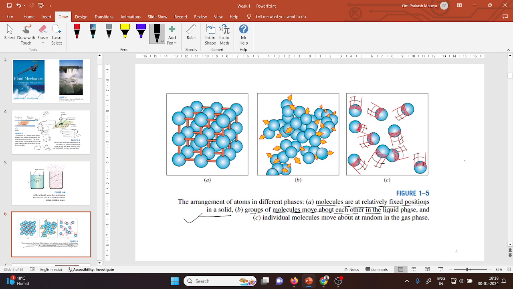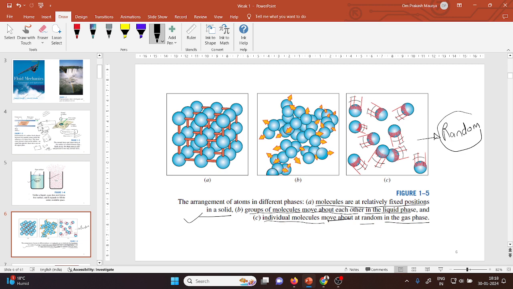And in case of gas, the individual molecules move about randomly in the gas phase. So in case of gas, random movement is happening.